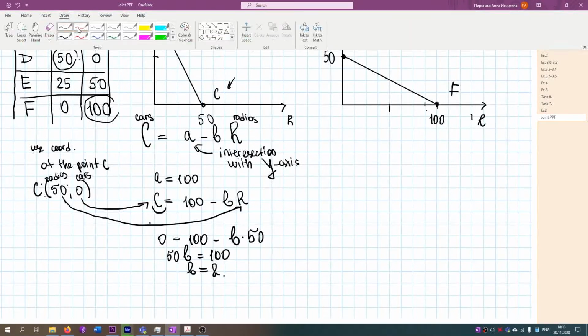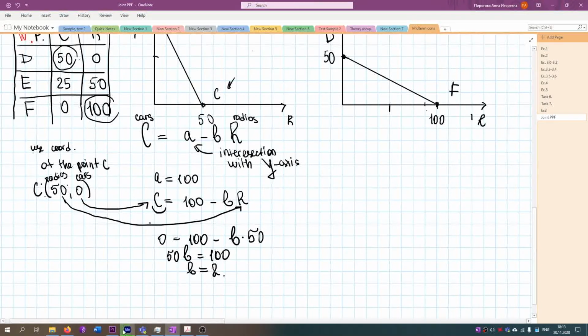So, and now we can write the equation. So our cars are equal to 100 minus B, which is equal to 2, multiplied by radios.